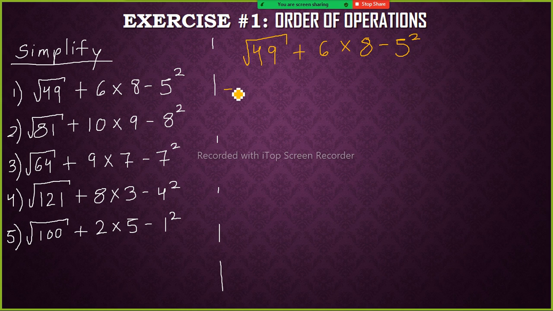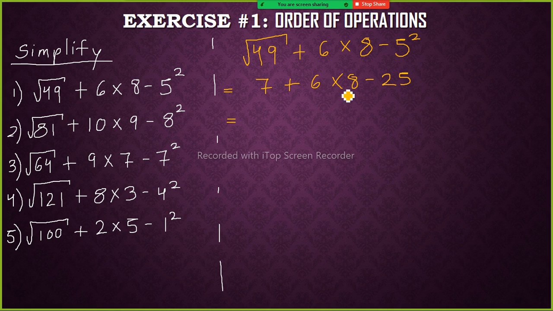What's the square root of 49? That's 7, very good. Plus 6 times 8. And then minus 5 squared, which is 25, very good.